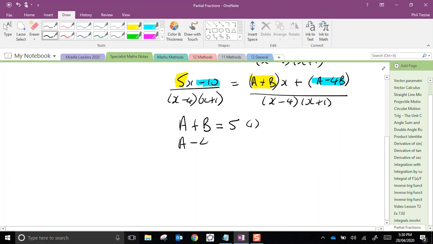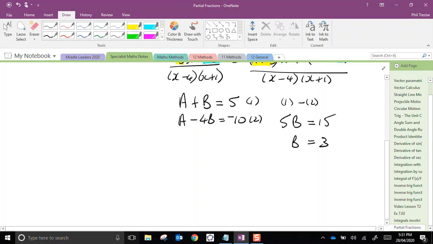A minus 4b equals negative 10, let's call that equation 2. I think if I have equation 1 and I subtract equation 2, a will disappear, b take negative 4b is 5b, and 5 take negative 10 is 15, therefore b equals 3.